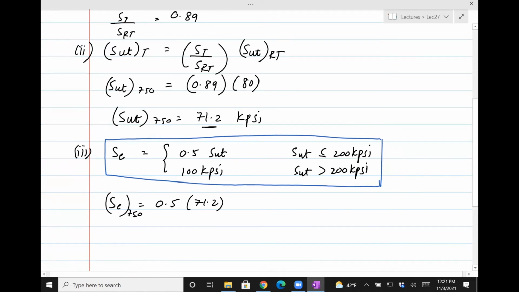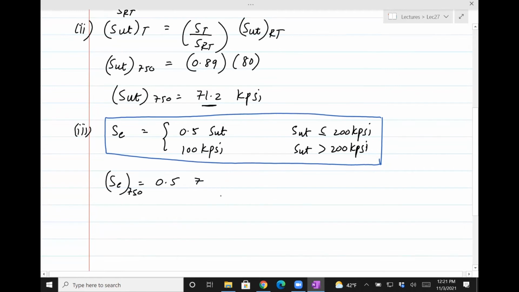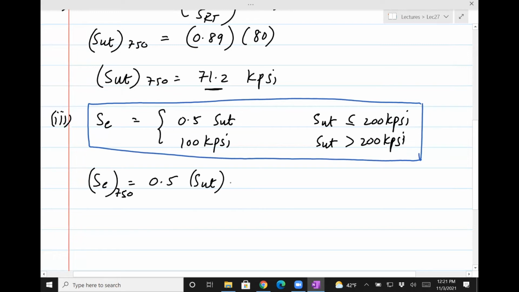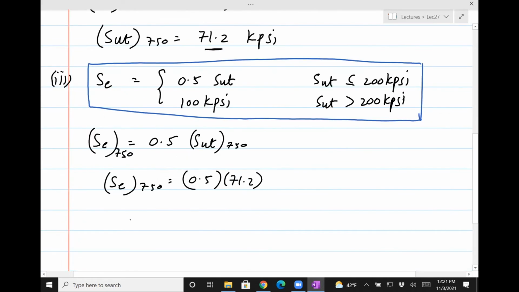Because we're using SUT at 750. Just to make that clear. SE at 750 is 0.5 times 71.2. And so SE at 750 is half of that, so 35.6 kpsi.